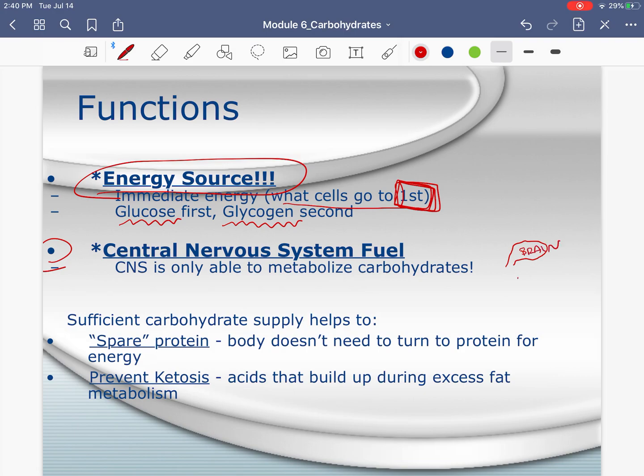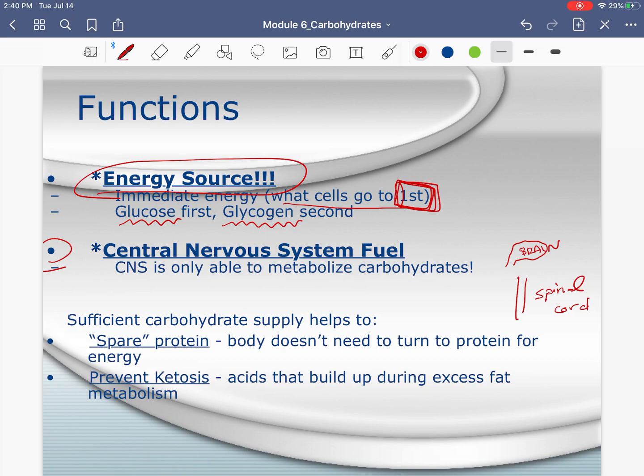Our brain and spinal cord, that's what's considered our central nervous system. Of course, these consist of a gazillion cells. Well, the only fuel that they can use is carbohydrates. So the central nervous system cells cannot burn fat or protein for energy.